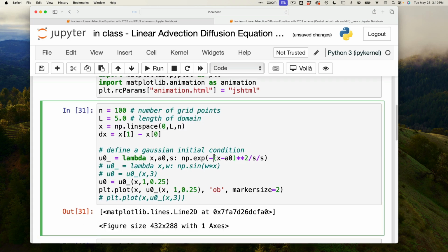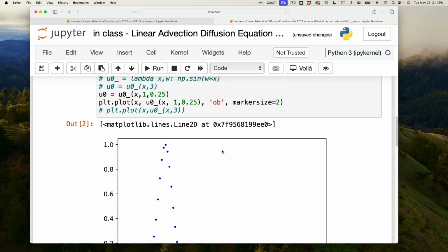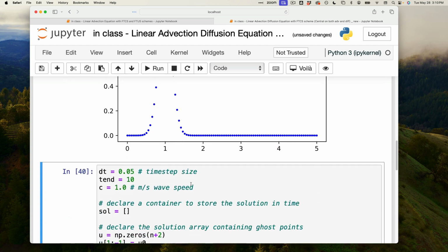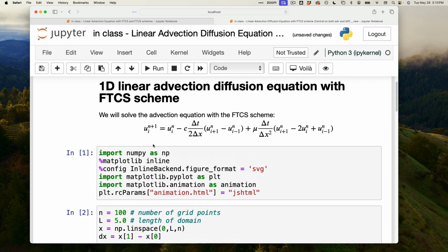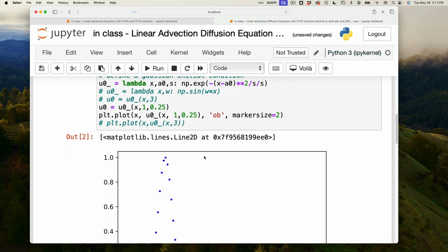Again, I will keep my Gaussian. Same thing here, my Gaussian. And we'll keep the settings here as they are. For simplicity, I'm going to define C delta t over delta x, and I will call it the Courant number, CR. And this one is the Fourier number, mu delta t over delta x squared.